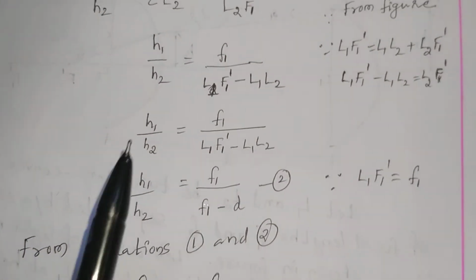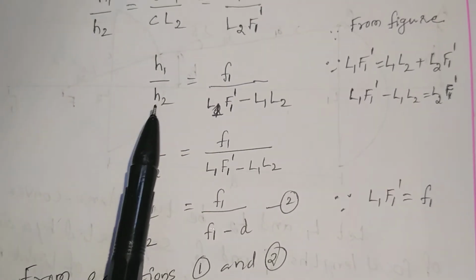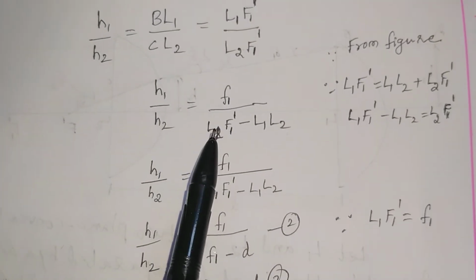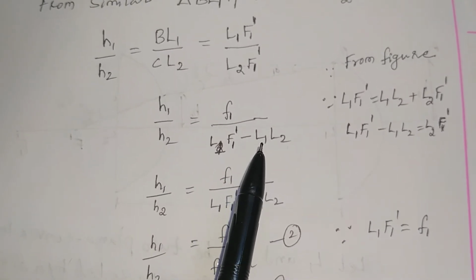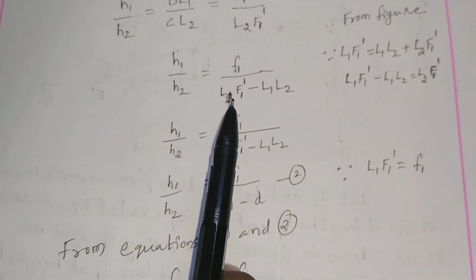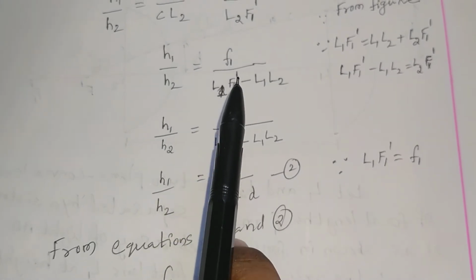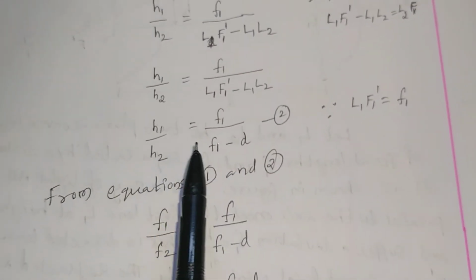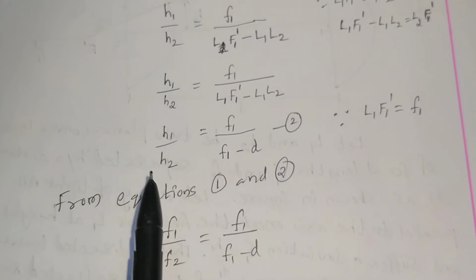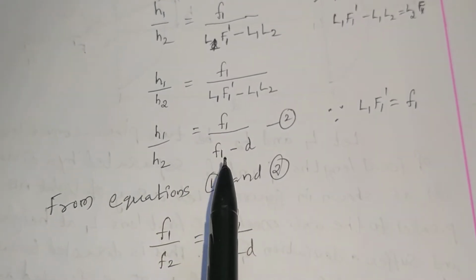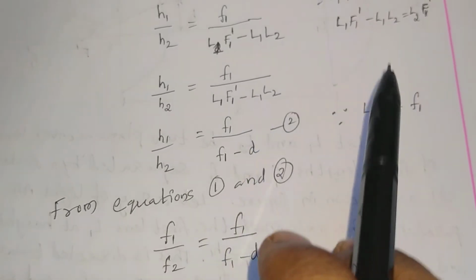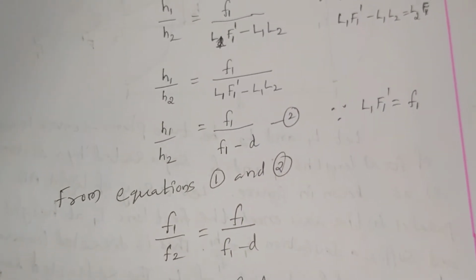Therefore h1 by h2 is equal to f1 by L1f1 dash minus L1L2. L1f1 dash represents the focal length of the first lens, so h1 by h2 is equal to f1 by f1 minus d, where L1L2, that is d, is the separation between the two lenses.